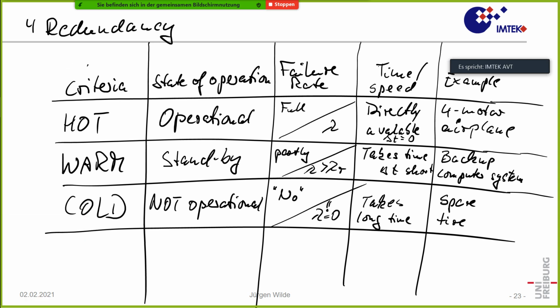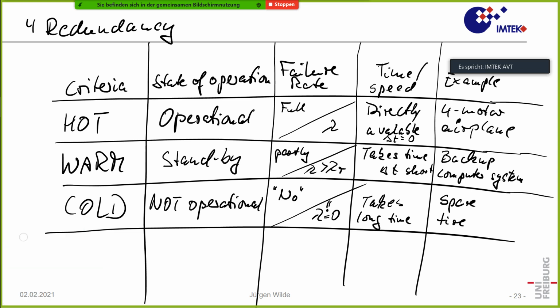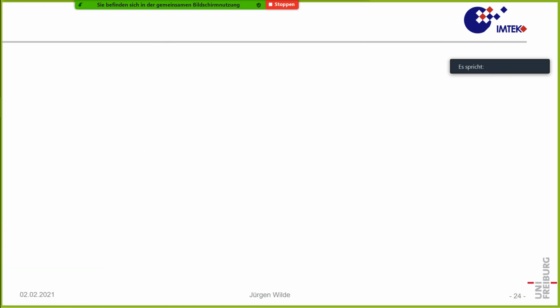Okay. What's the danger with redundancy? What is the most dangerous thing against redundancy? I would say redundancy is a very good concept for people thinking only about mathematics, but not thinking as engineers.